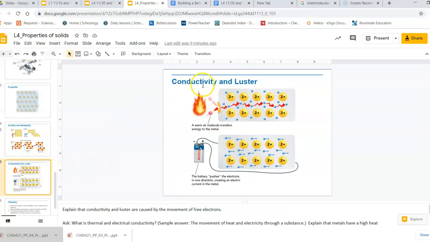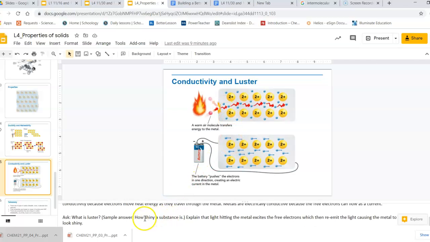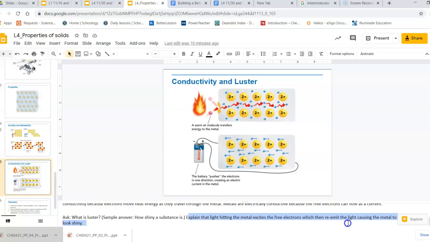In terms of conductivity and luster, we talked a lot about shininess. Shininess we call luster, and it comes down to the ability of electrons to absorb light and re-emit light, right? We study this when we study fireworks. So it says right here exactly what I said before, and that's what makes them look shiny.